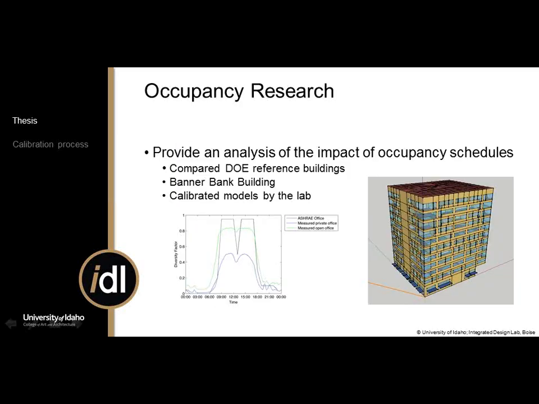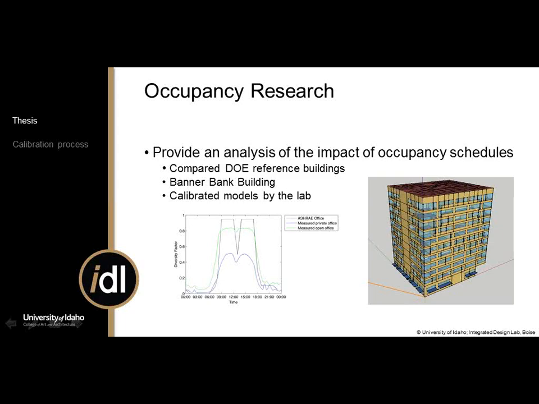So the second part of my research is trying to figure out what's the impact on the energy use in the building versus using the three types of models: one from the ASHRAE, one from the research that I found from studying Banner Bank, and one from the already existing schedules and calibrated models done by our lab.